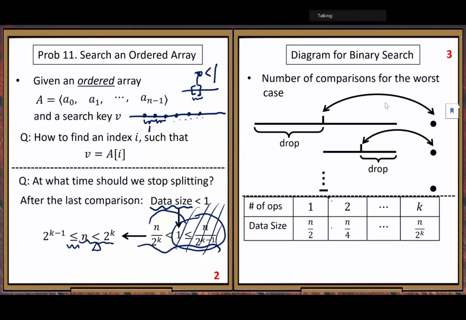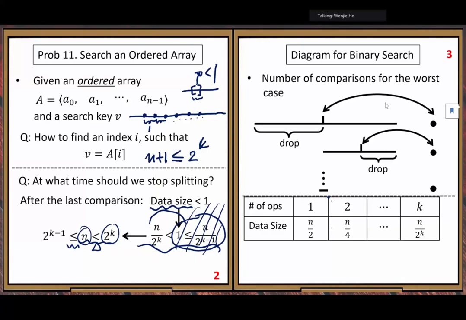Can we say n plus 1 is less than or equal to 2 to the k? There is some room. There is a gap between n and 2 to the k, these two integer expressions.